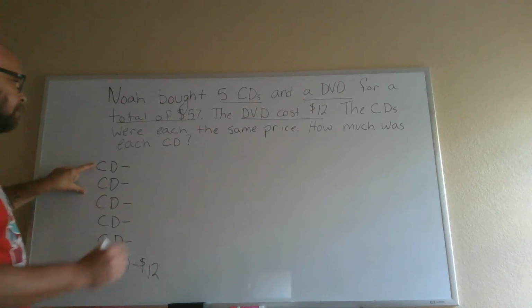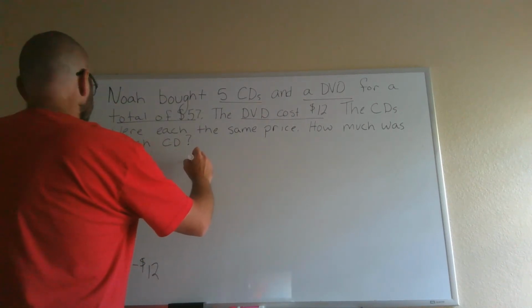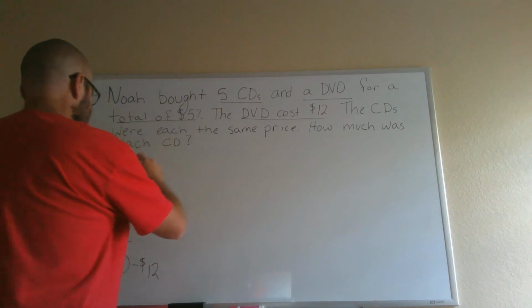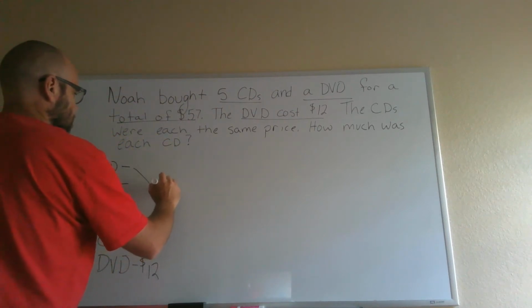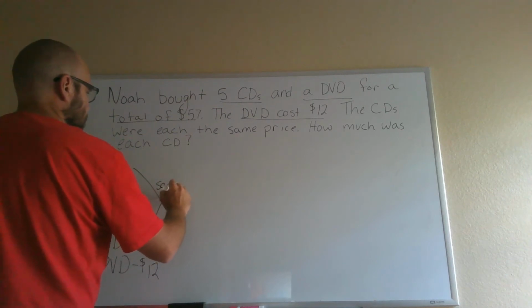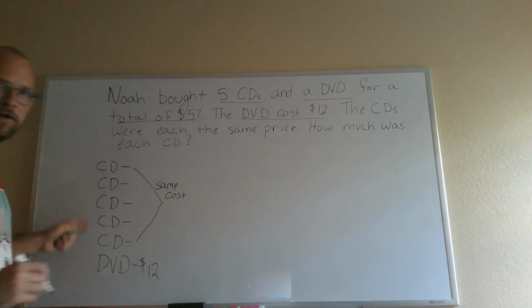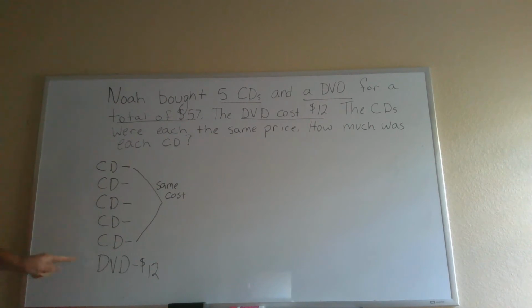So if we went here, we went 5 CDs, and these are all the same cost. So each one of these costs the same amount. So we know the DVD costs $12.